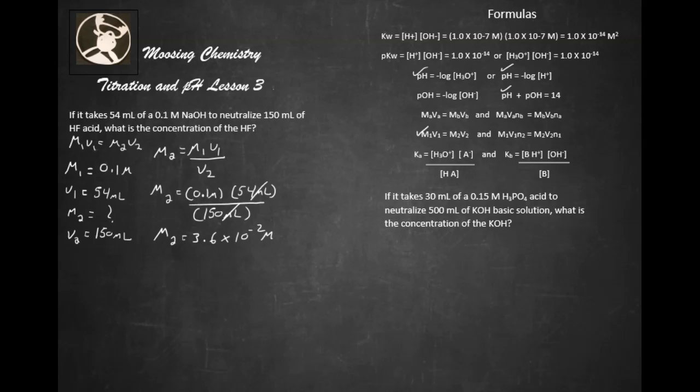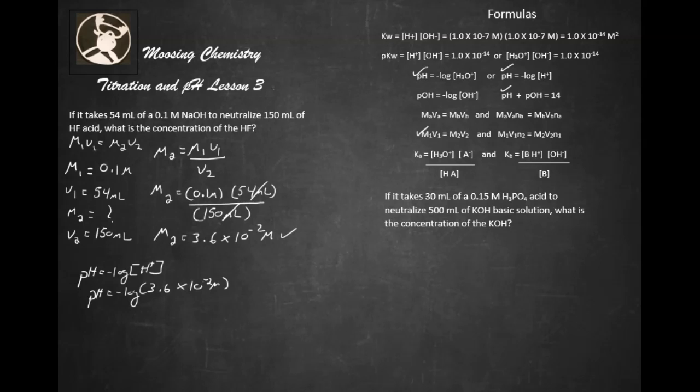That's my first answer, that's my concentration, so that's the actual answer, but we're going to use pH to see if it actually worked out well. So pH equals negative log of, I'll just use my H plus ions, why not? pH equals negative log of 3.6 times 10 to the negative 2.